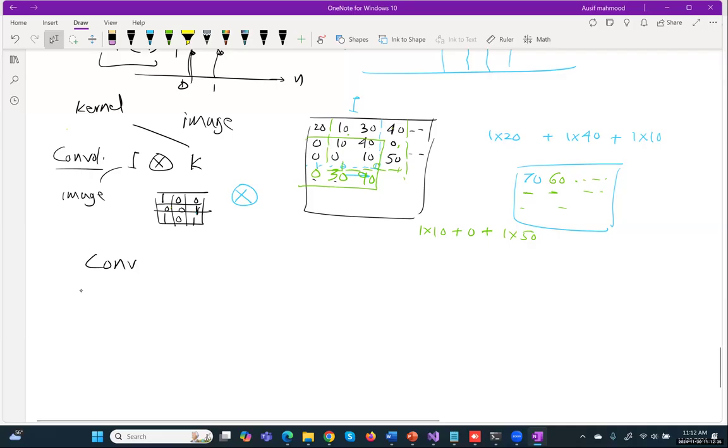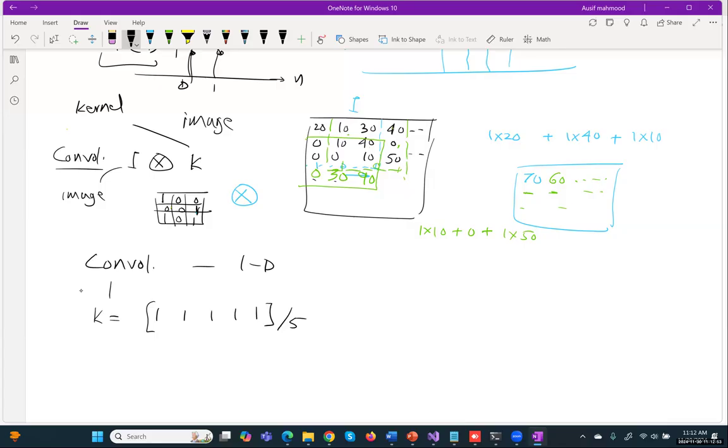So let's go to a 1D example. A simple convolution kernel in 1D might be 1, 1, 1, 1, 1 divided by 5.